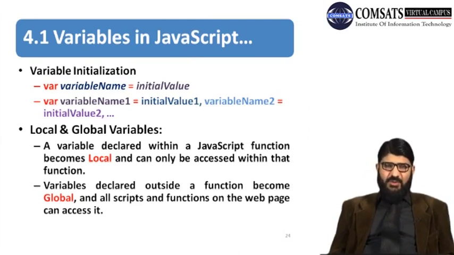So there are two types of variable. A variable mentioned within a function and accessed within the boundaries of that function is a local variable, and a variable that is declared outside a function and can be accessed throughout the web page by different functions and JavaScript code is said to be a global variable.